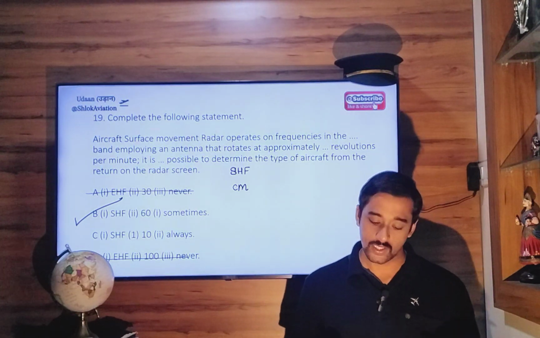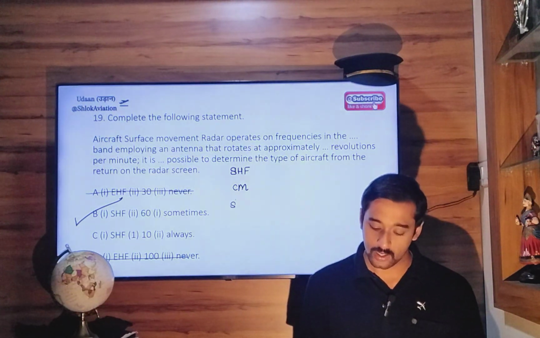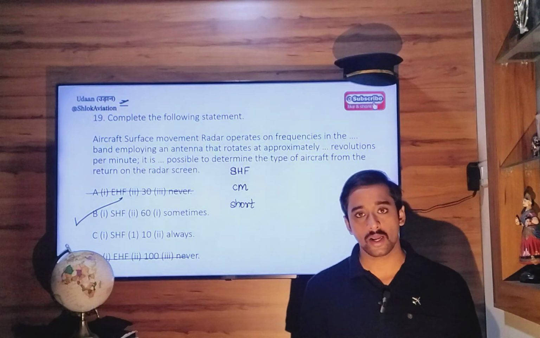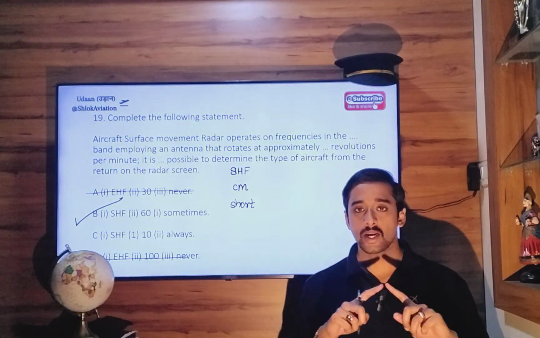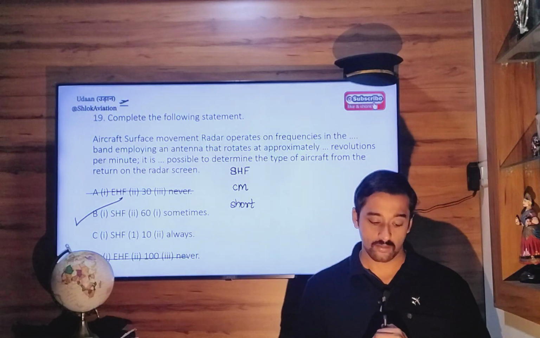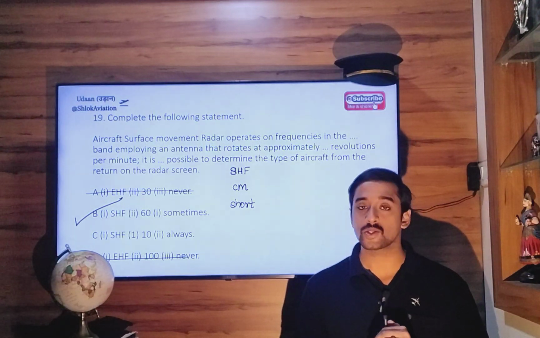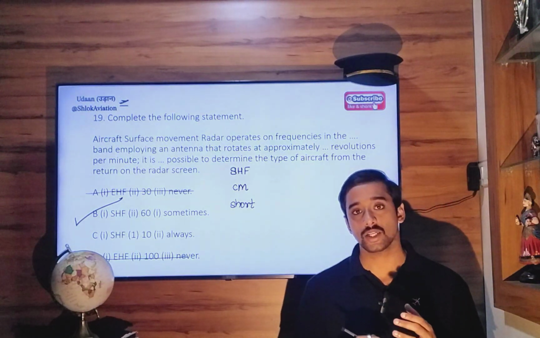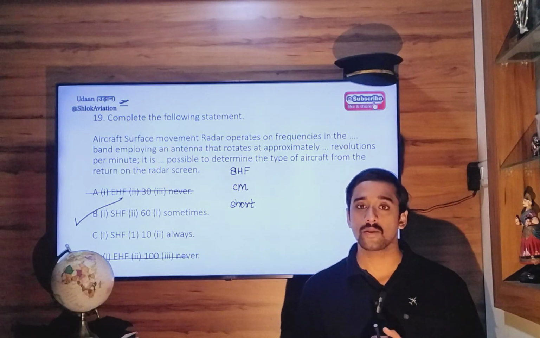The range of this radar is going to be very short range, limited to the airport environment only, and it is best used when atmospheric conditions produce low visibility.